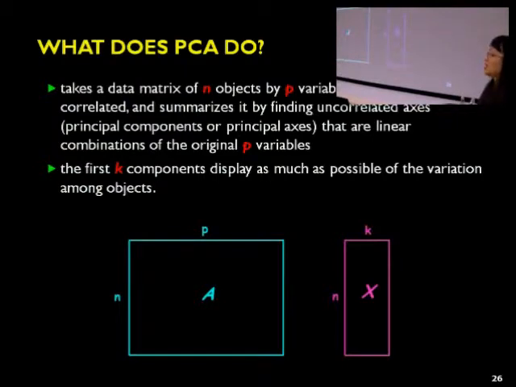So basically, given p dimensions, we generate p principal components. But we sort these p components in such a way that the variance is in decreasing order. So we can select how many principal components we want to keep at the end.